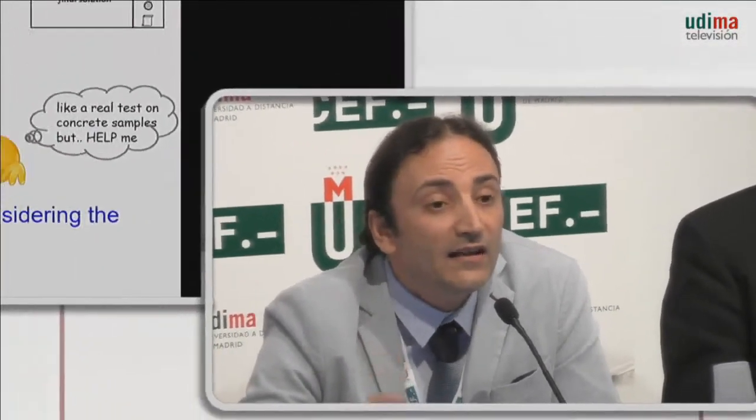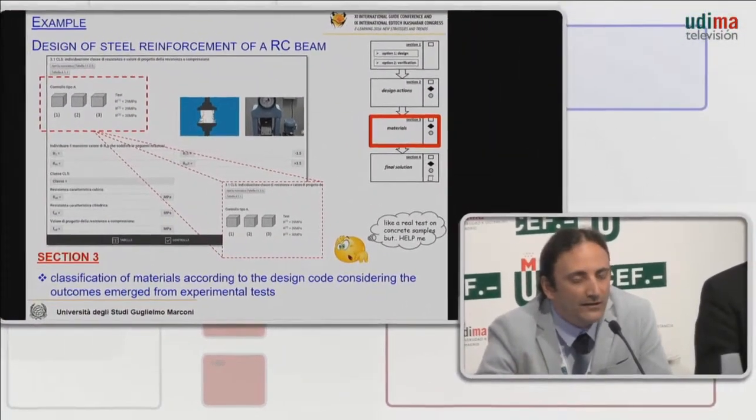So, students are introduced to section 3. The aim of section 3 is to identify the class of materials, concrete and steel. Still in agreement with the real design path, the identification of the class of material is strictly related to real experimental tests on materials.